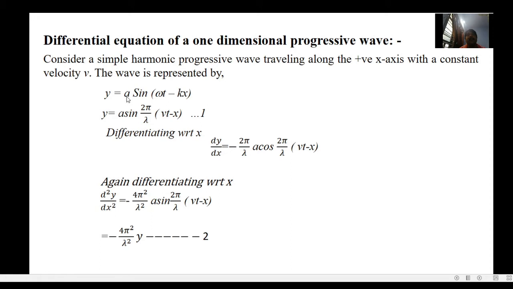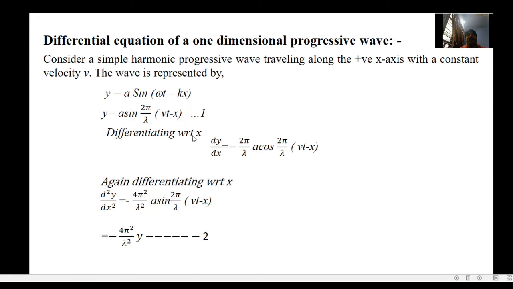Here a is the amplitude of the wave, ω is the angular frequency or angular velocity, and k = 2π/λ is the propagation constant. The progressive wave can also be written as y = a sin[(2π/λ)(vt − x)].